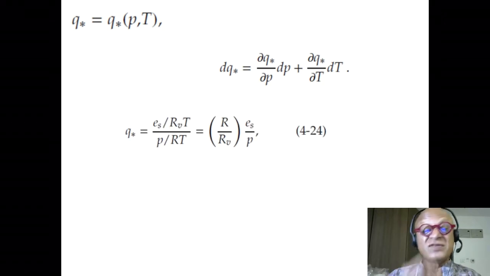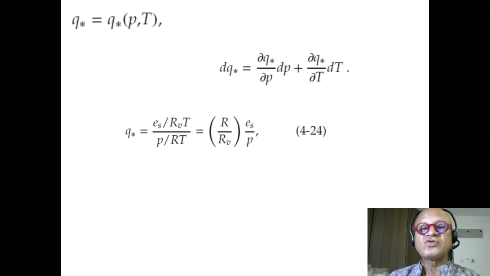Okay, so q star is also rho v over rho, which we already did. So it's es over Rv T from the ideal gas law, divided by p over R T for the air, so water vapor and air.